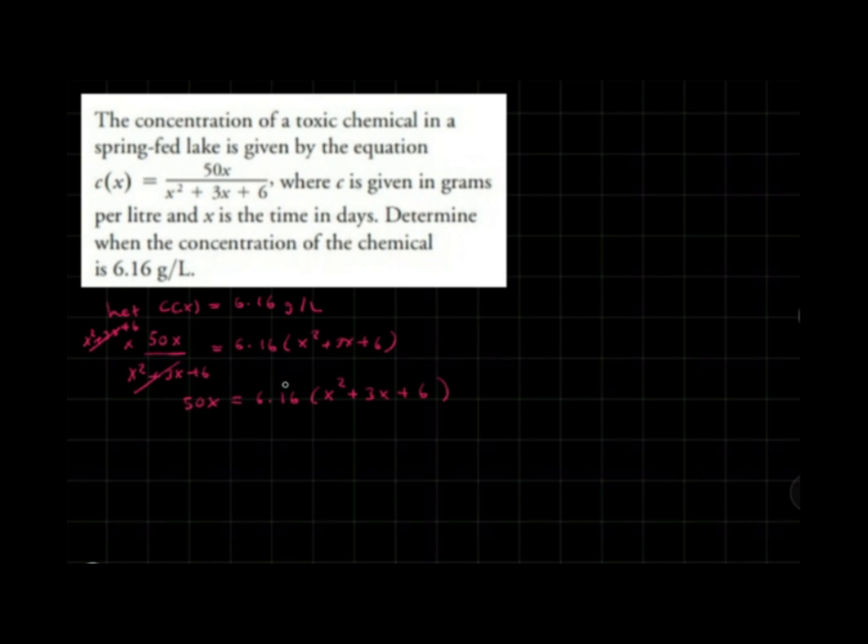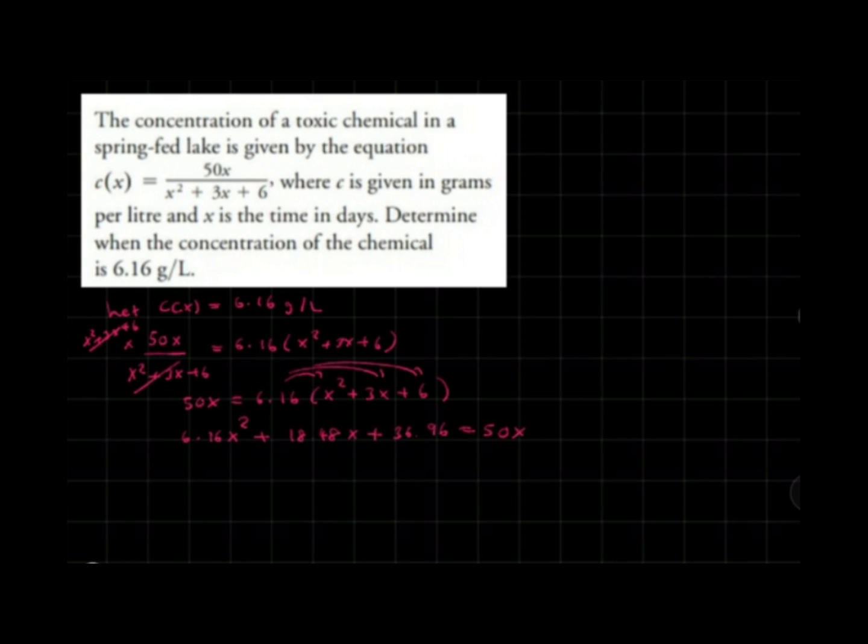And in this case, I want to expand this out. So you get 6.16x squared plus, multiplying out, 6.16 times 3, so that's 18.48x, plus 6.16 times 6, which is 36.96, is equal to 50x.